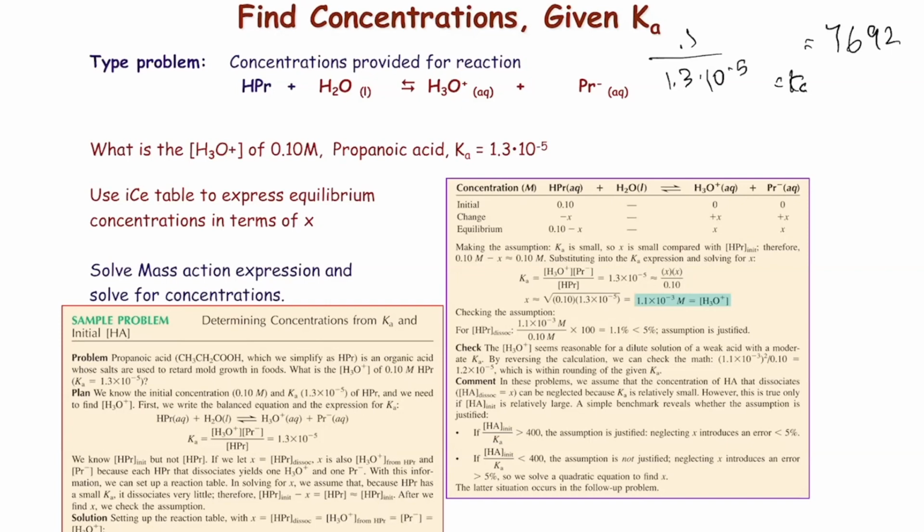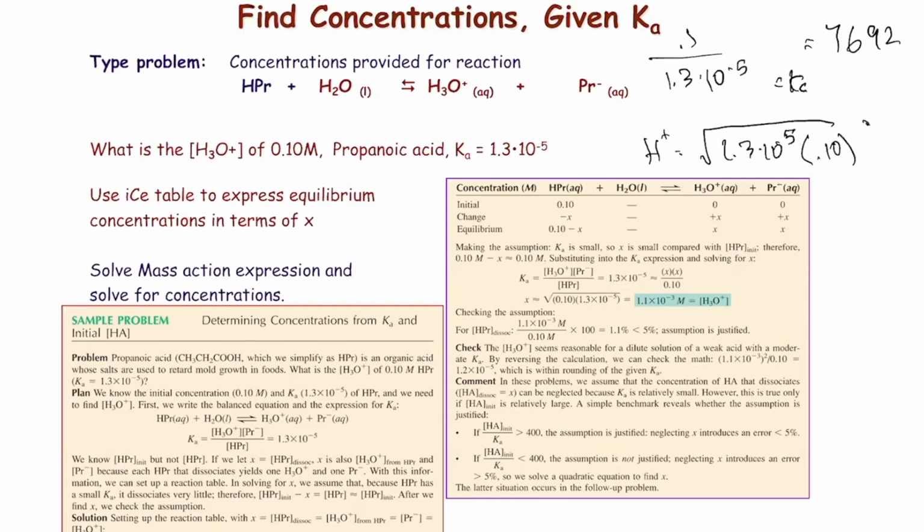I can do my simplifying assumptions here. In fact, I'm going to go straight to this equation. H plus is equal to the square root of the Ka, 1.3 times 10 to the minus 5, times 0.10. And that will be my H plus concentration. And then I can get my pH from that.